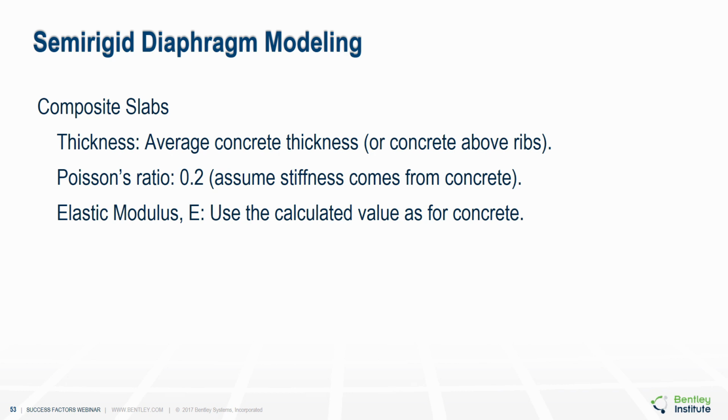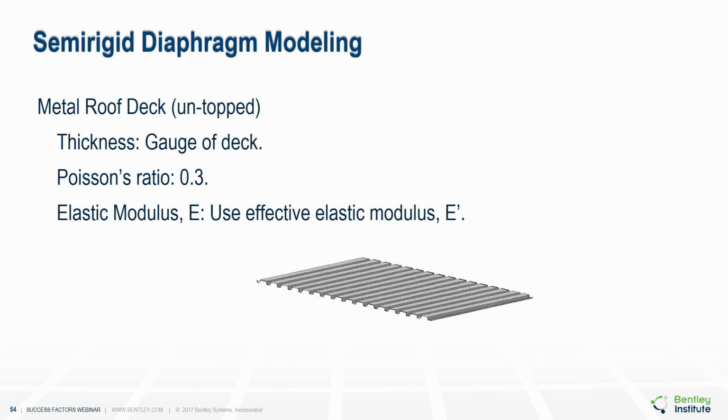And for the elastic modulus, use the calculated value as for concrete. So essentially what we're doing here is we're ignoring the steel in the deck, and we're just going with the concrete. For a metal roof deck that's untopped, the thickness is merely the gauge of the deck. Poisson's ratio is 0.3 as for steel.